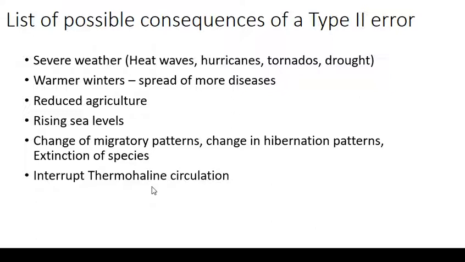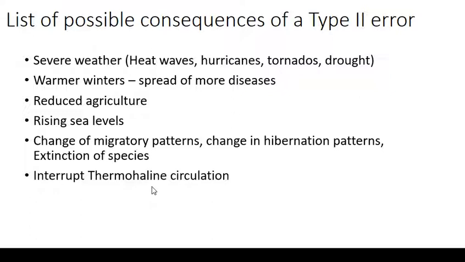I mentioned this earlier. It's going to interrupt the thermohaline circulation. And this is a big deal. It's the biggest driver of our planet's climate, the circulation of the ocean's currents. In fact, at one point in Earth's history, you had what's called the Miocene salinity crisis. It's when the Straits of Gibraltar closed, and it meant that you couldn't refresh the Mediterranean Sea with salted water.